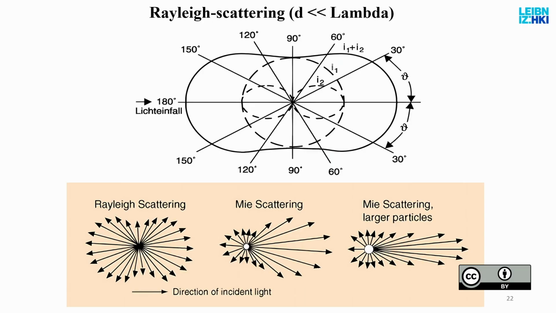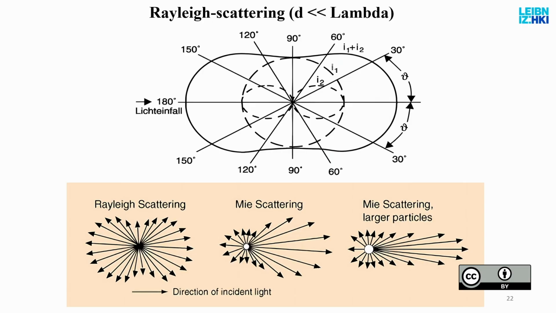You can see it better here. And this is called Rayleigh scattering. So again, the objects are a couple of hundred nanometers, in the range of the wavelength of visible light. We'll talk about this in a minute. And you will get a scattering pattern like this, where forward scattering and backward scattering are equally probable.